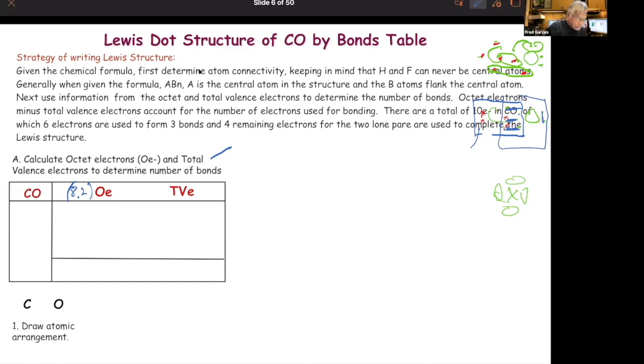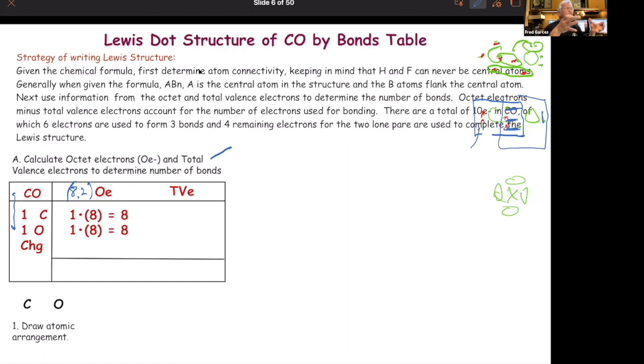So when you do this table, like I said, you use this column to the left to account for all the atoms in your chemical and the charge. Carbon monoxide is not charged, so you don't have to worry about that in this example. And then you can see that the octet electrons for carbon is 8. The octet electrons for oxygen is 8.